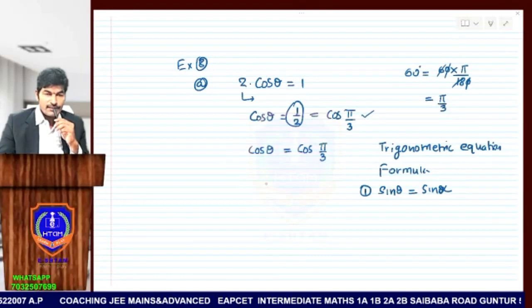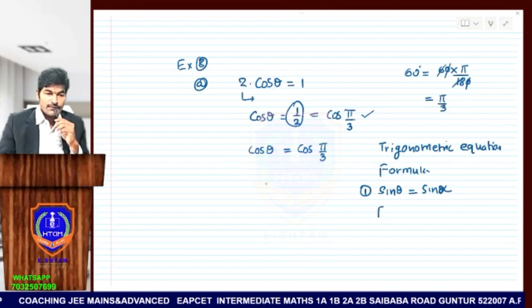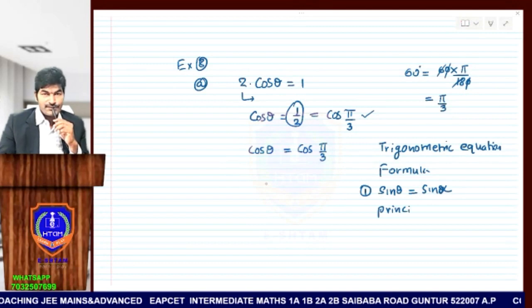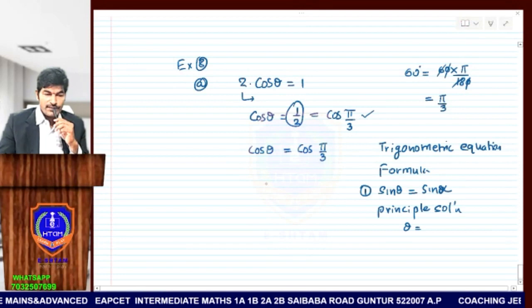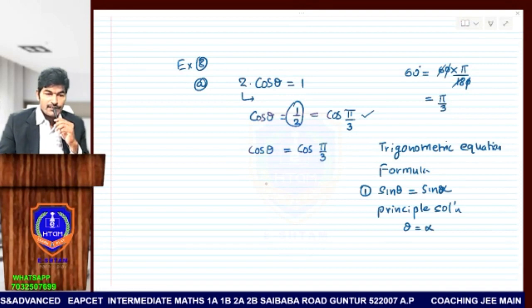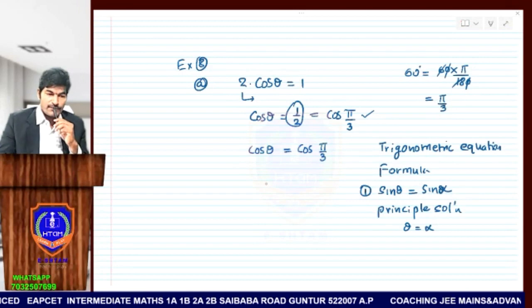If it was sin theta equal to sin alpha, then you have to use the solution. Actually 2 types of solutions exist. The first one is called principal solution. For the principal solution, you can remove the trigonometric function from either side and directly equate the values. That means theta equal to alpha. This is called the principal value.